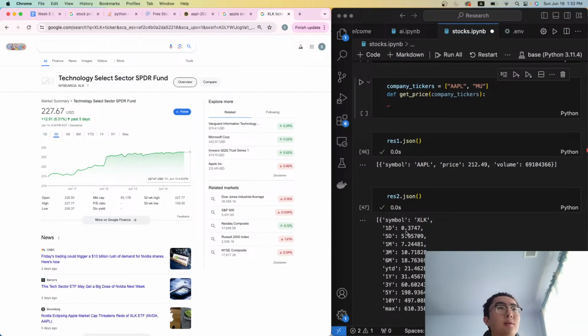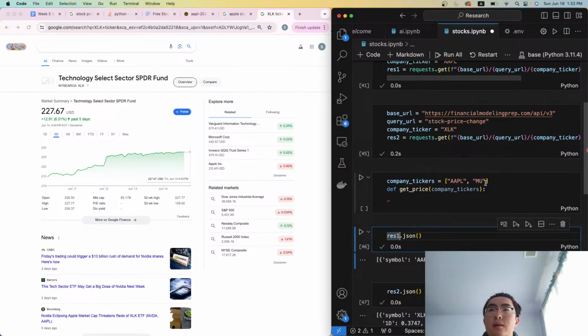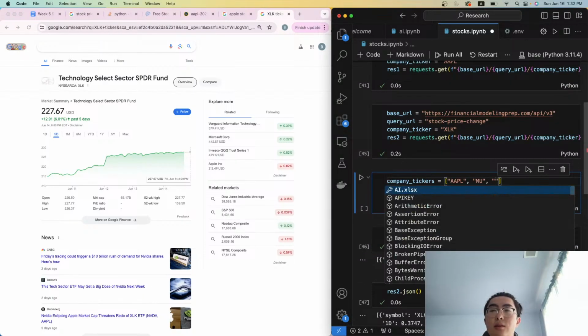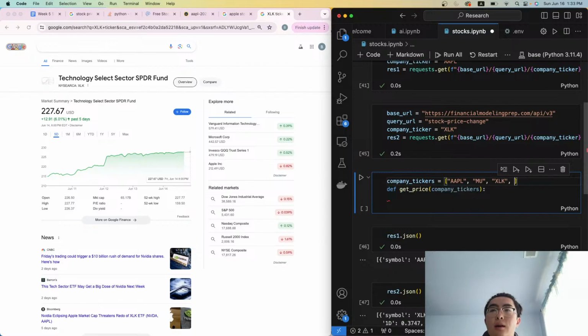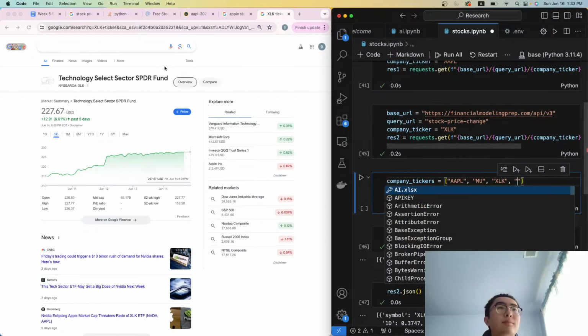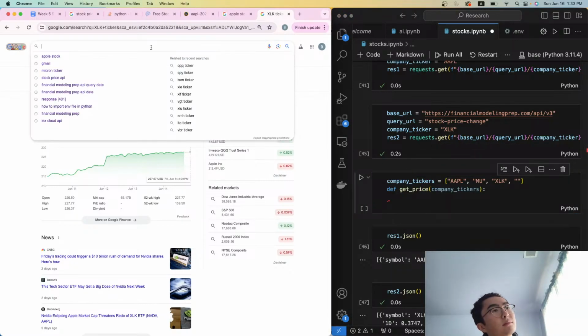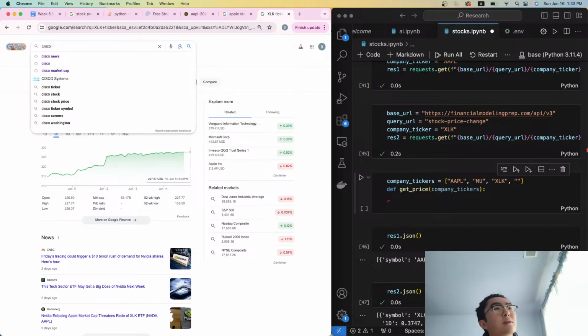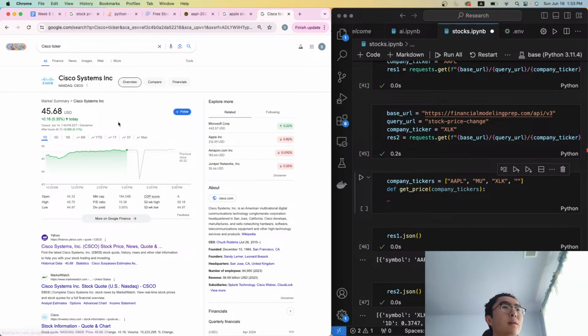It's 0.10. Okay. It's very close, not super close though, but it's okay. So XLK and Cisco ticker, CSCO.